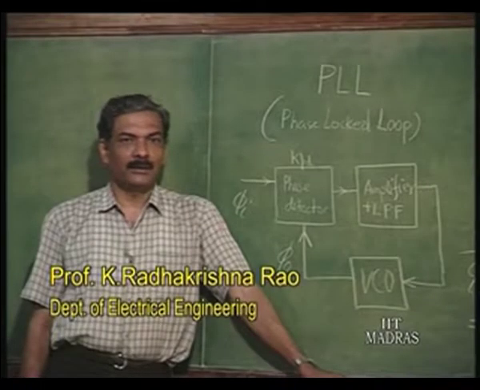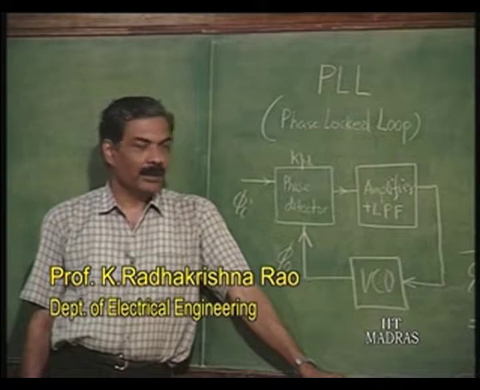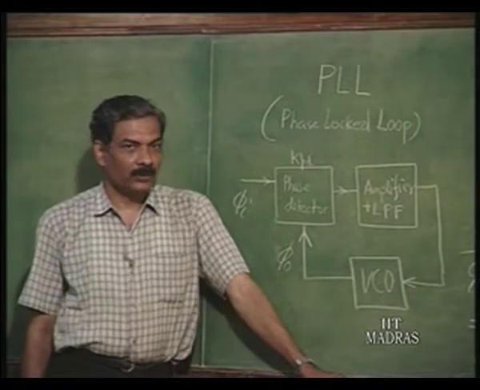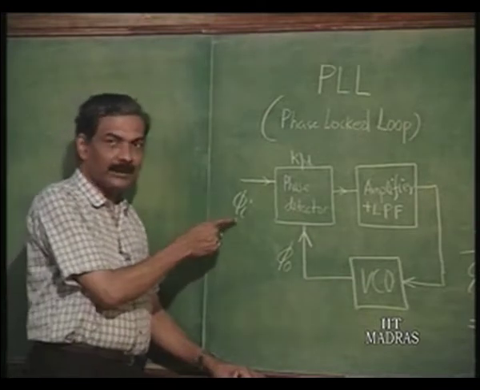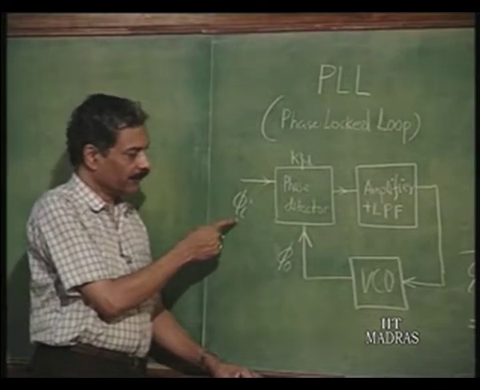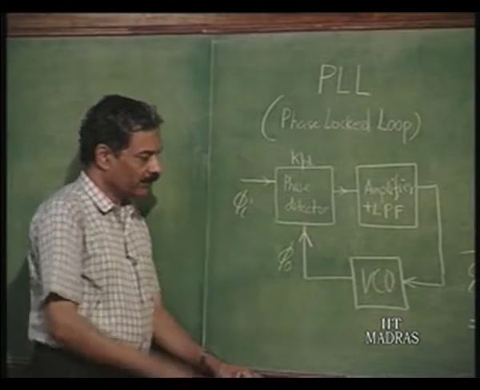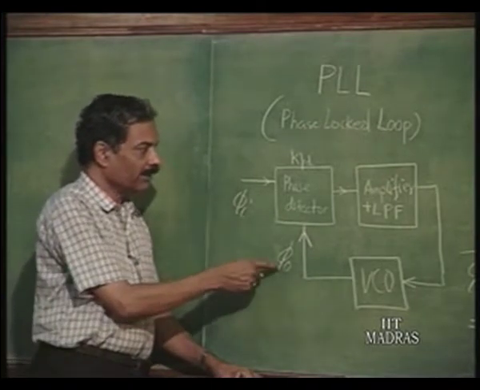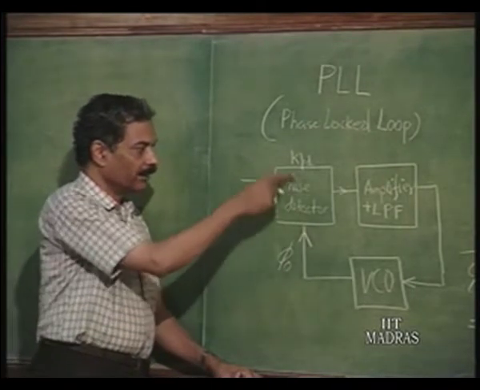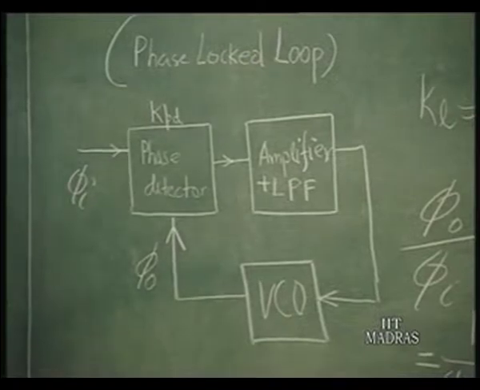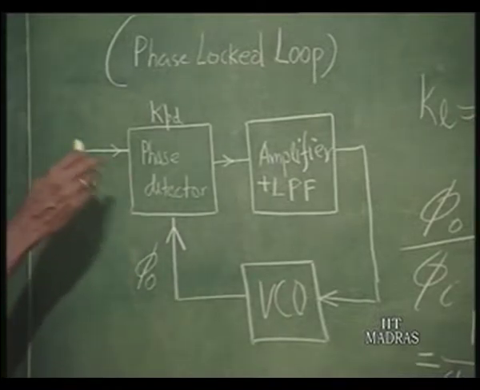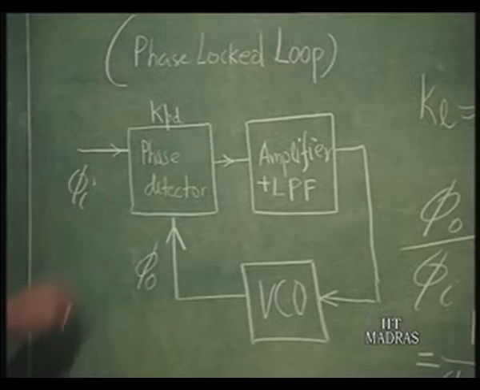In the last class we had seen how the phase lock loop works as a phase follower. We said if phi I is the input phase, phi naught is the output phase, phi I minus phi naught being the phase detector input, then the output of the phase detector is going to be the DC average, which corresponds to KPD into phi I minus phi naught.